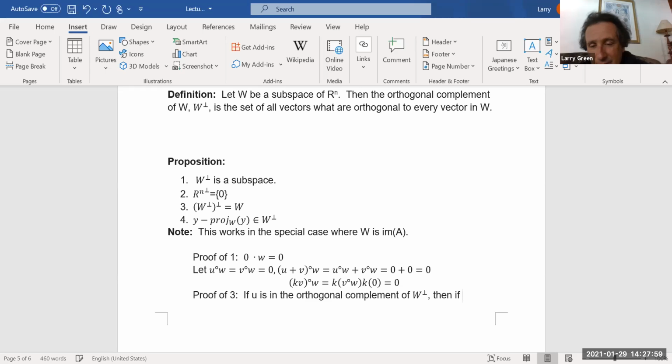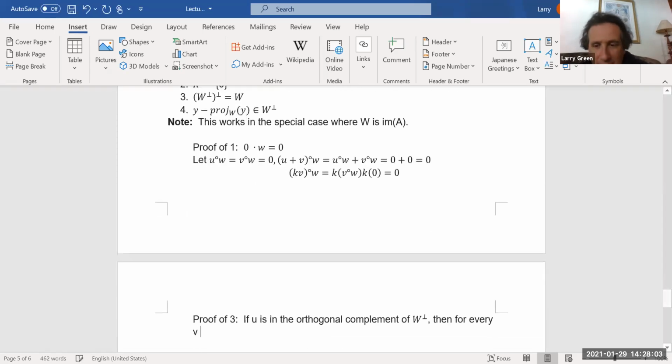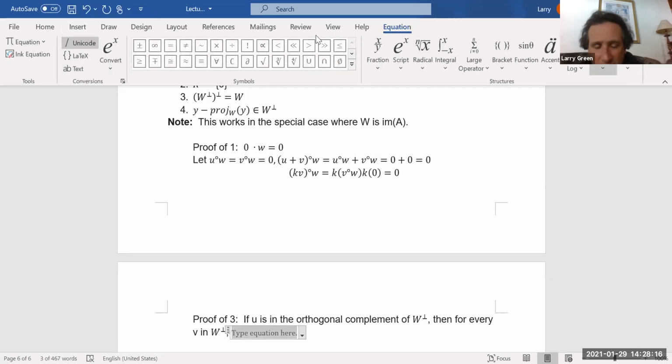Then for every V in W perp, U dot V equals 0. Any questions on that?